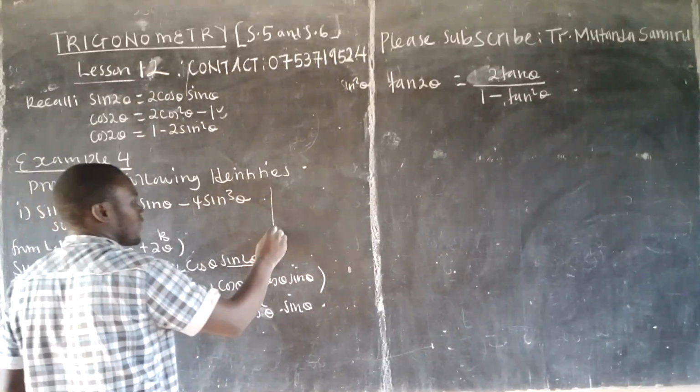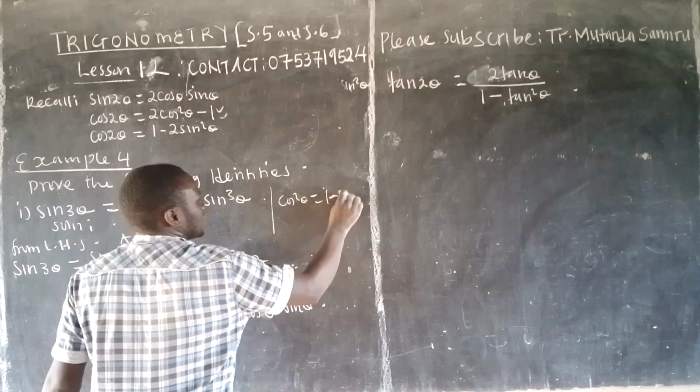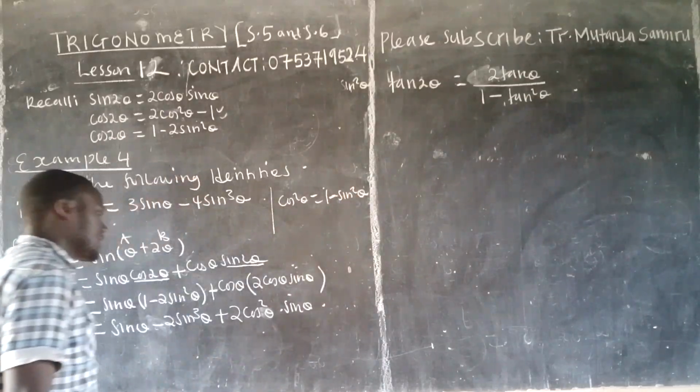How? You all know that cos squared theta is equal to 1 minus sine squared theta. This is from Pythagoras theorem.